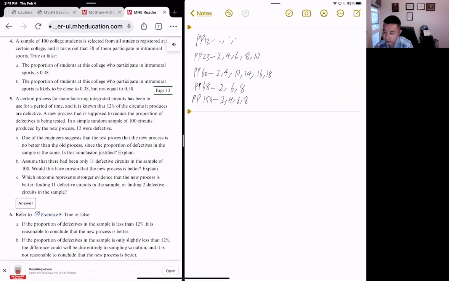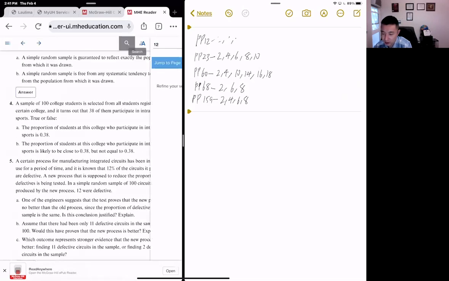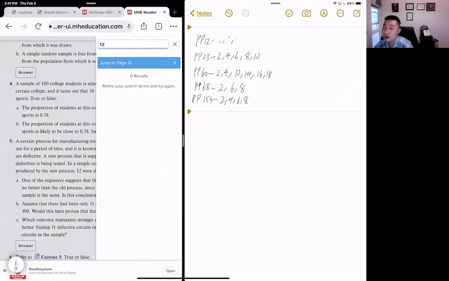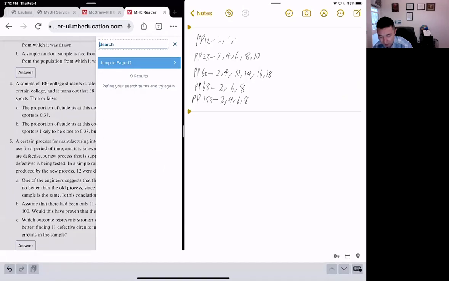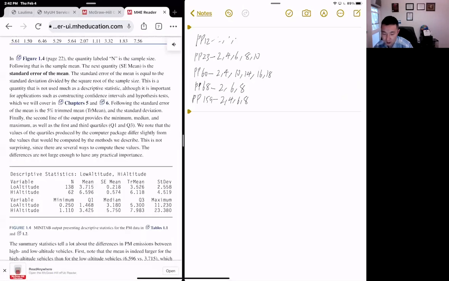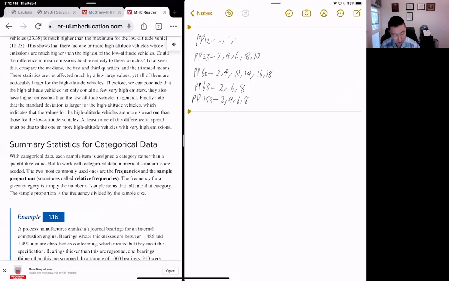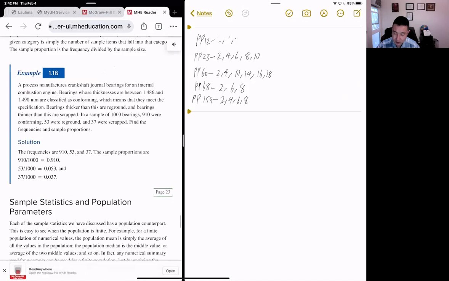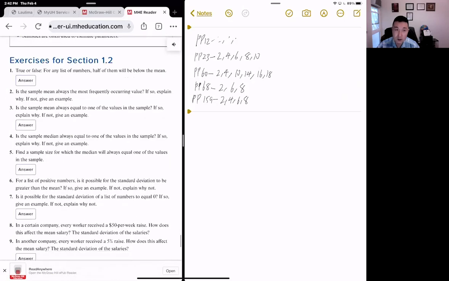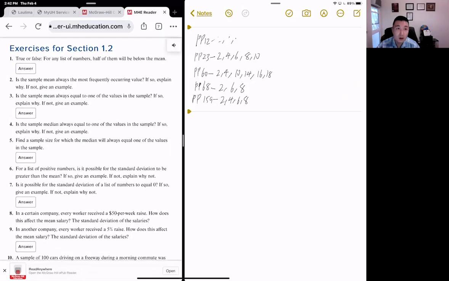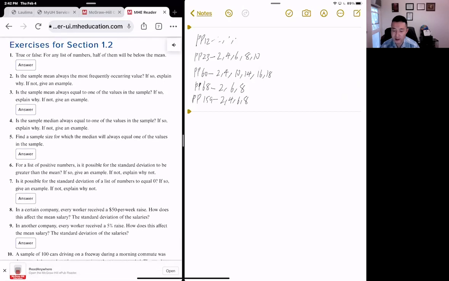Then page 23, question number 2. This is also about the basic idea.